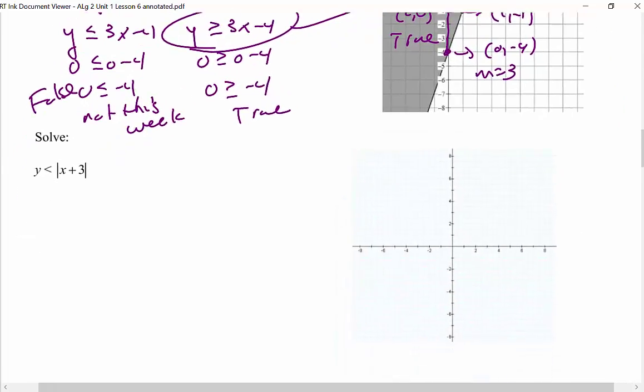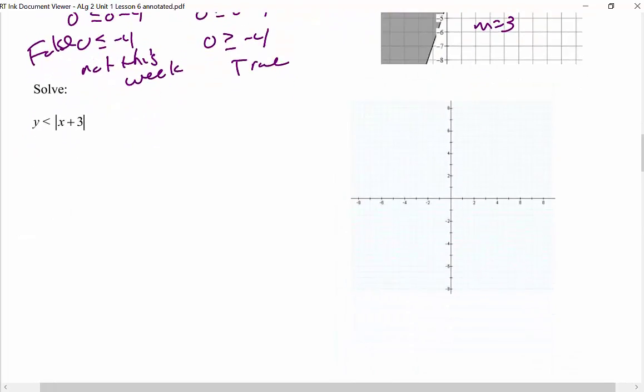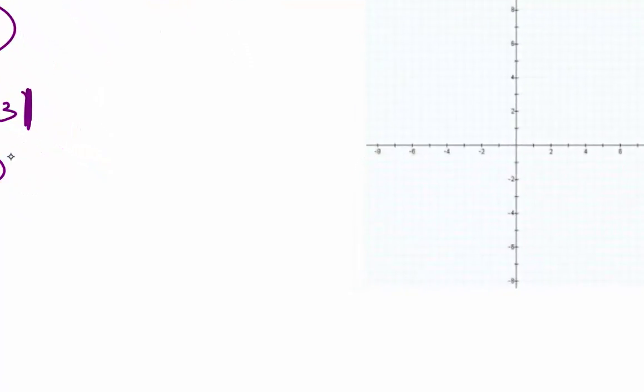So you thought that was fun. So now let's take a look at solving an inequality with an absolute value. Mr. White, doesn't get any better than this. Okay, so, ready? Let's just pretend we're graphing y equals the absolute value of x plus 3. I know that the vertex of this is (-3, 0) because of what we did.